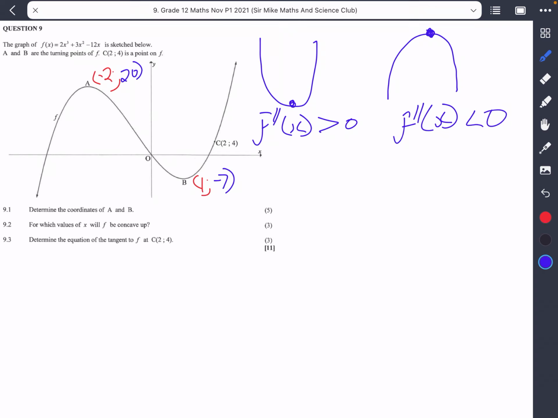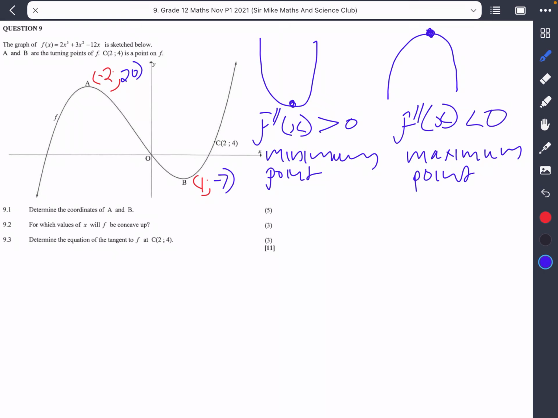This is when you have a minimum point, and this is when you have the maximum point. They asked for which values of x will f be concave up, so we take the second derivative and set it greater than 0.